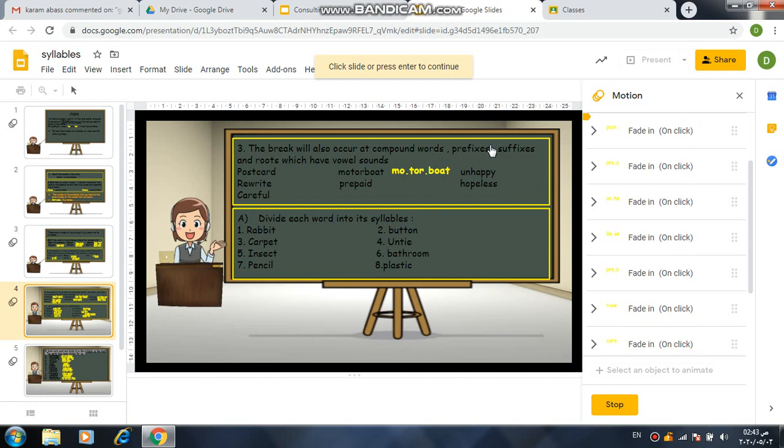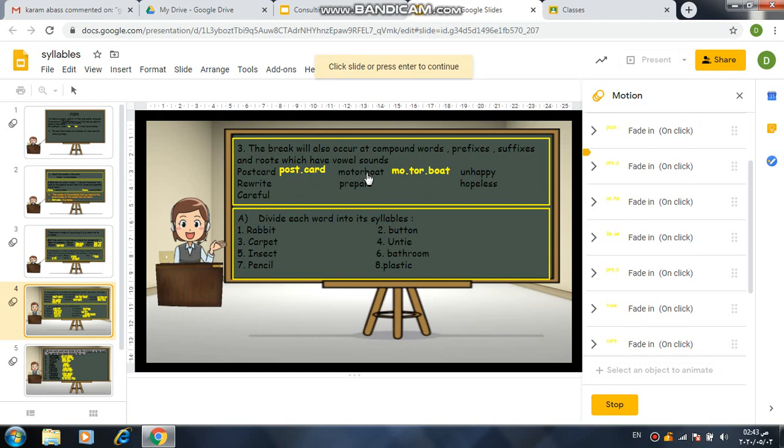Prefixes are considered one syllable. Suffixes are also considered one syllable. And the root of the word. These tell us how I can split the words into syllables. Postcard, as you know, postcard is a compound noun. It consists of post-card. So, first syllable, second syllable.